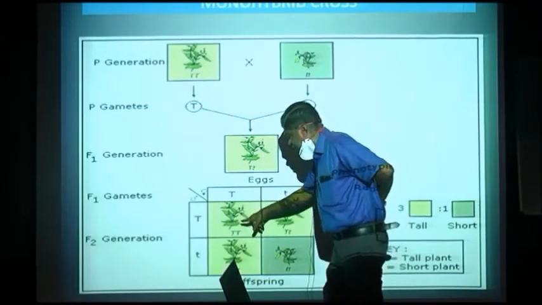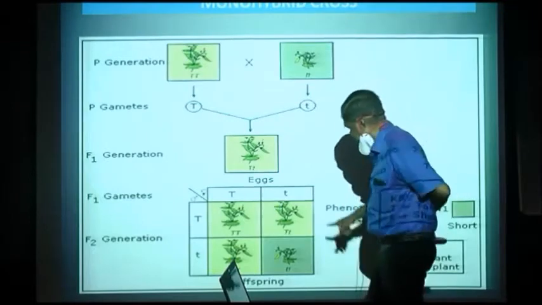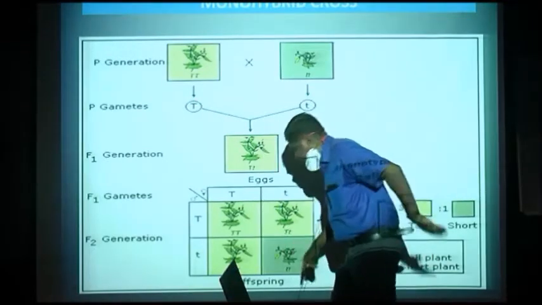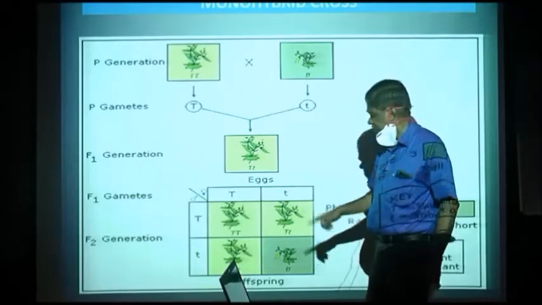This is tall because both the dominant genes for tall are present. This is dwarf because both the recessive genes for dwarf are present.